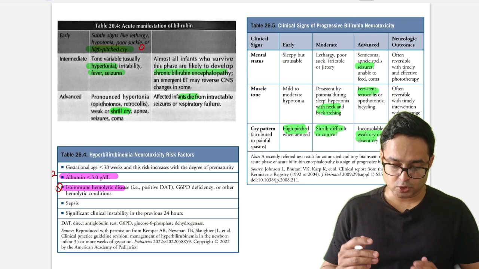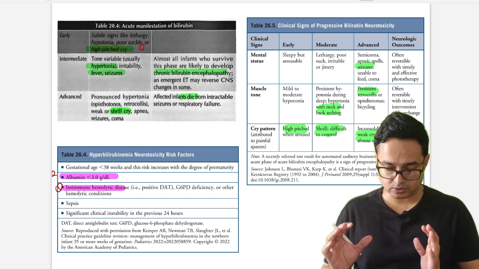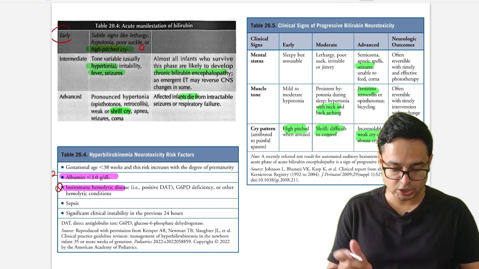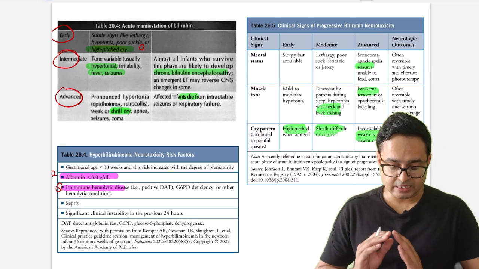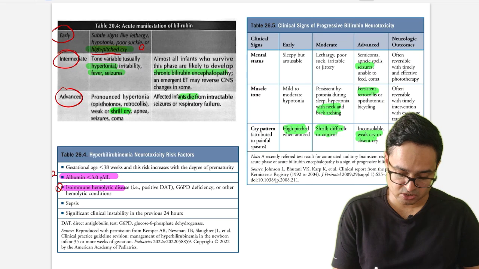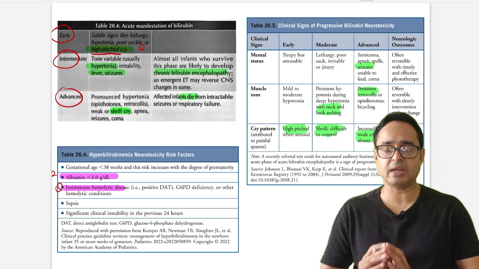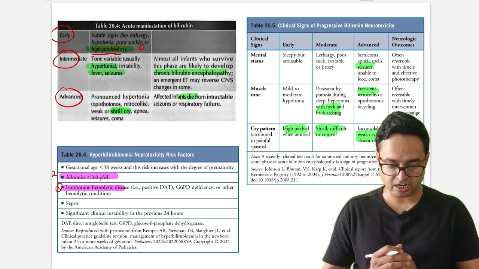What are the acute manifestations of bilirubin encephalopathy? This is important. It can be divided into early, intermediate and advanced. Early: lethargy, hypotonia, and the keyword is high pitched cry. If high pitched cry is mentioned anywhere, it is an early manifestation of bilirubin encephalopathy.